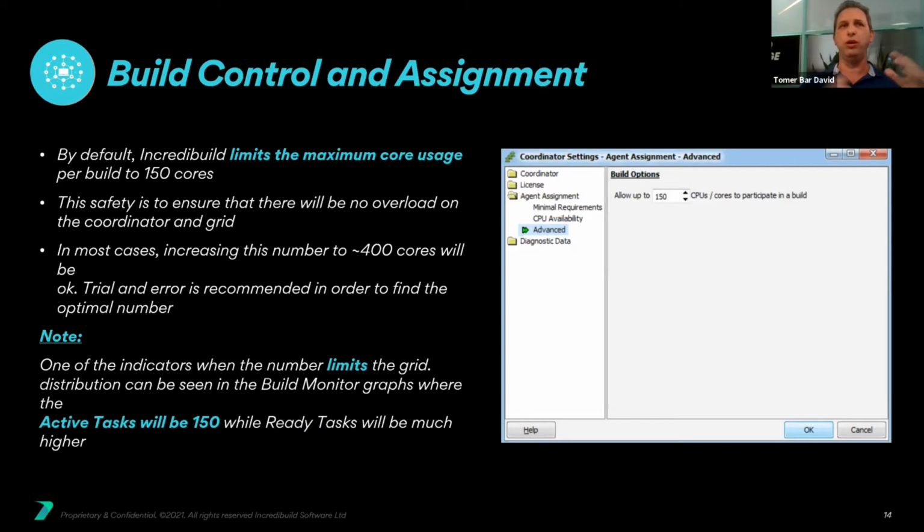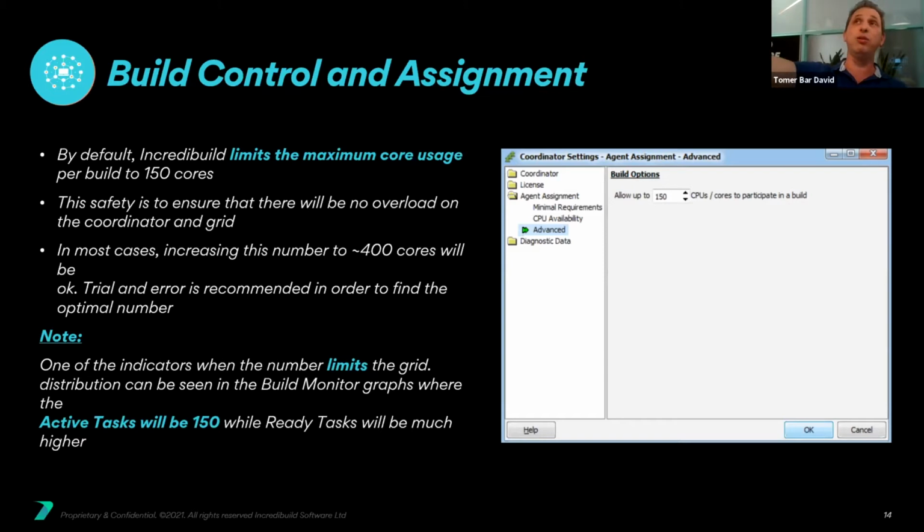Now, how do you see it? When you see the graph, the system graph in the build itself, you always see the number. Assuming that your build can reach more parallel tasks than 150, you will see all the time this magic number, 150, 150, 150. And then you realize, oh, we remember that Tomer told us that 150 is some setting in the system that can be changed, of course, in a careful manner, with extra caution, and you can increase it.